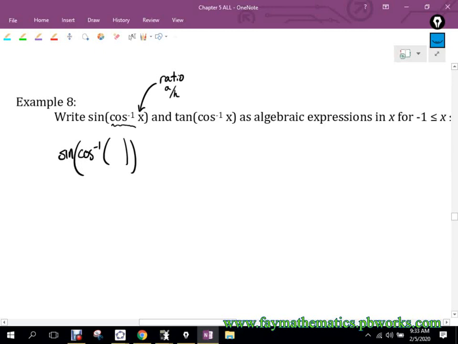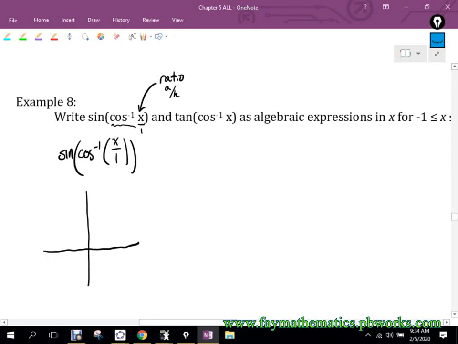So what is my hypotenuse here? One, right? It's implied. That's where a lot of people just stop with this question, because they don't remember that we put it over 1, and that is actually my hypotenuse, and they can't garner a picture from this information then.